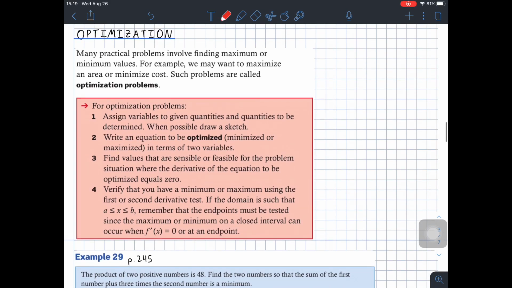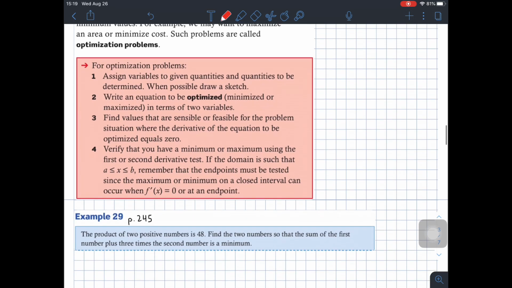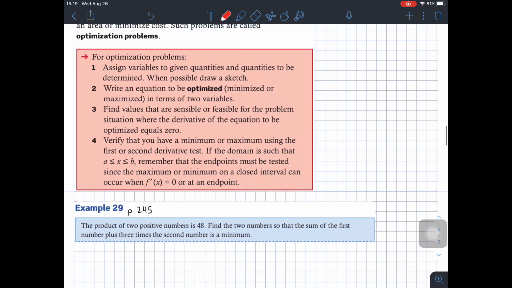So let's see, it says many practical problems involve finding maximum or minimum values. For example, we may want to maximize an area or minimize cost. Such problems are called optimization problems. So here's a step-by-step process in order to find optimized values, okay? And we're going to see all of these 4 steps through different examples.